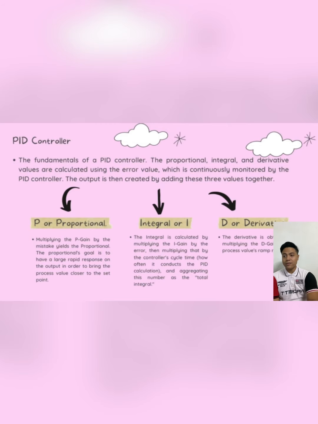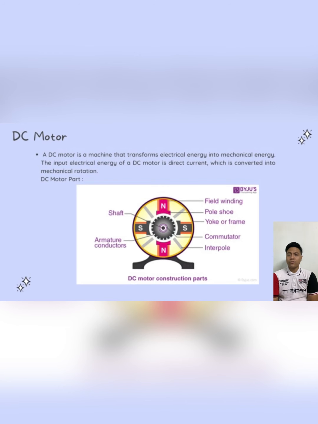So we go to DC motor. A DC motor is a machine that transforms electrical energy into mechanical energy. So the input electrical energy of a DC motor is direct current, which is converted into mechanical rotation. So these are the parts of construction of a DC motor.